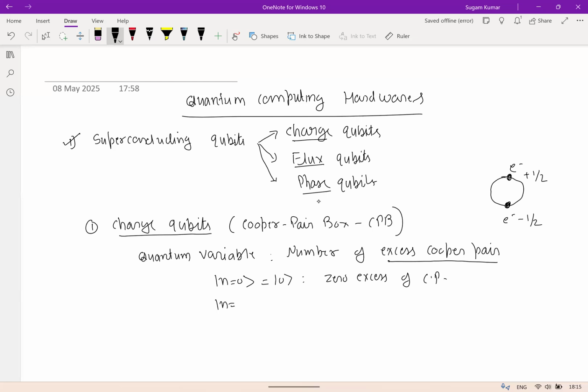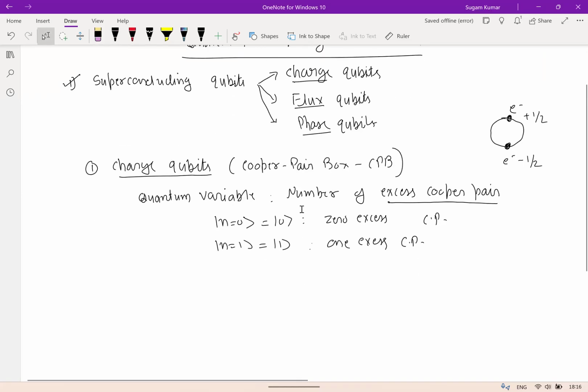And if n equal to 1, then we will call it 1 excess Cooper pair. So if you add one extra, then that state is going to be called 1. And then we'll try to see today how we can create superpositions and how to create different types of gates in this situation.